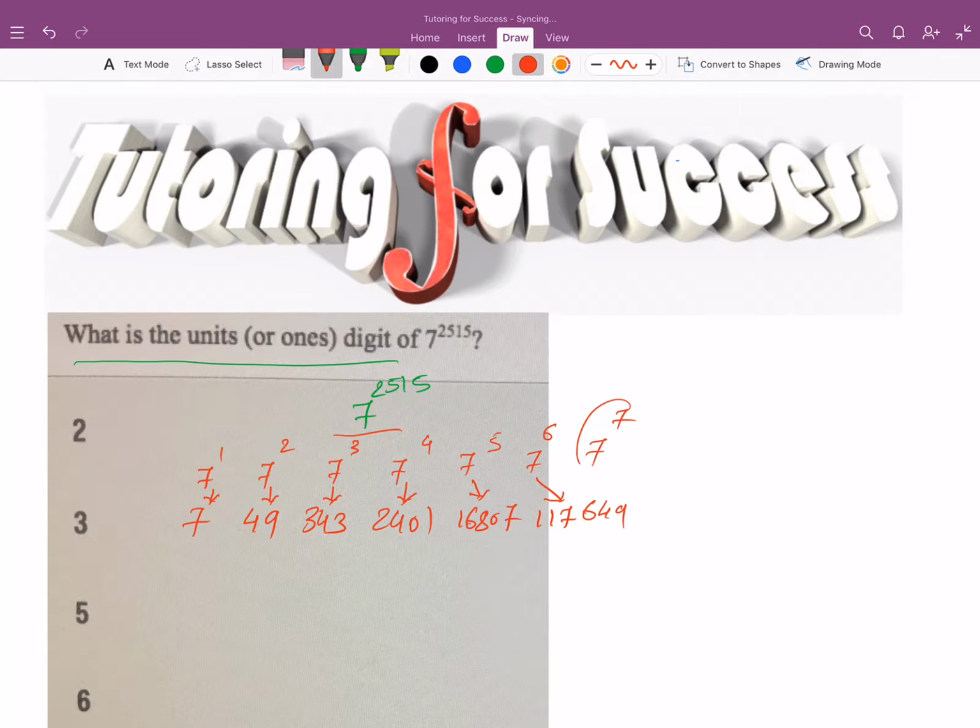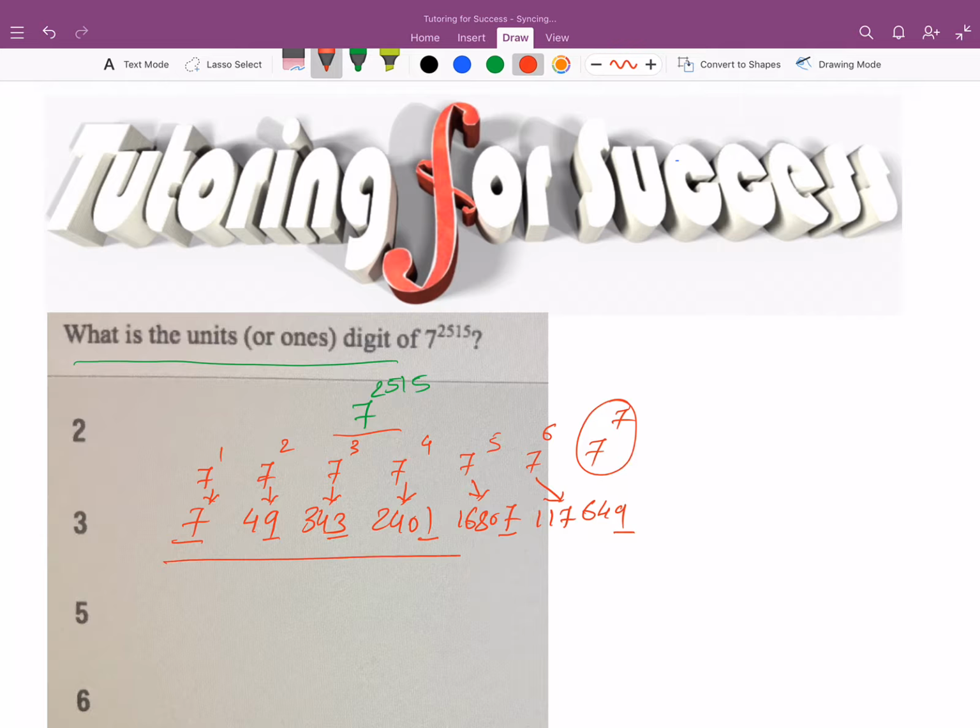And I don't need to go ahead and find further powers, because I noticed a pattern. Look, for 7 power 1, the units digit was 7. For 7 squared, the units digit was 9. Similarly, the units digit for the cube was 3, and for power 4, the units digit was 1. And then 7 and then 9 again, meaning the same thing started repeating itself.